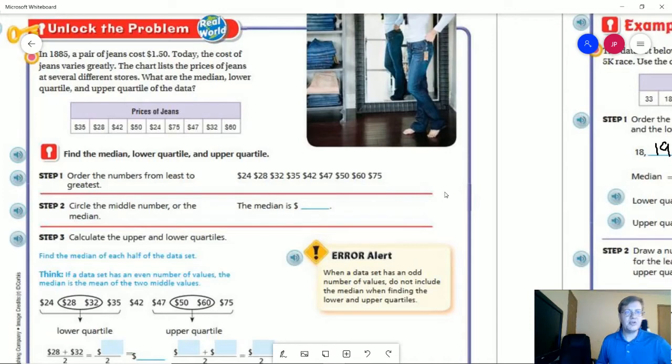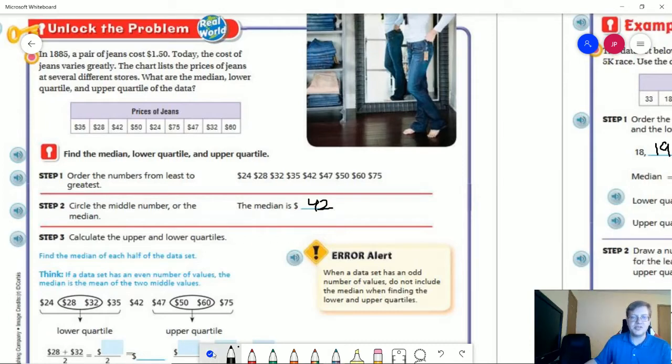So to start with, for our unlock the problem, we already have our numbers in order from least to greatest. So we are going to be looking at our middle number, which is going to be the fifth of 9 numbers, and so that is going to be 42 for our median. And so that's going to be one of the numbers that we're working with.